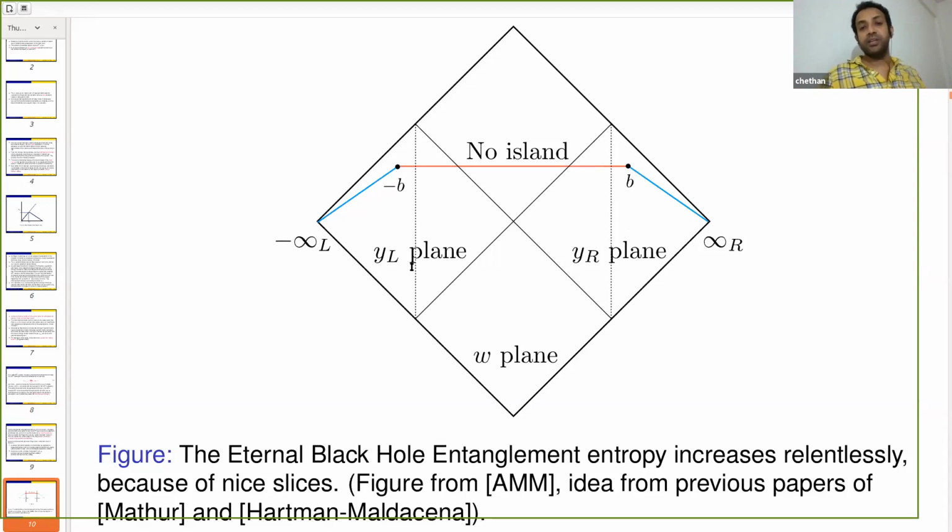You don't have to worry about the coordinates here. The only thing that I want to drive home is that if you compute the entanglement entropy across two such points here, it is going to get a contribution from this red line here.